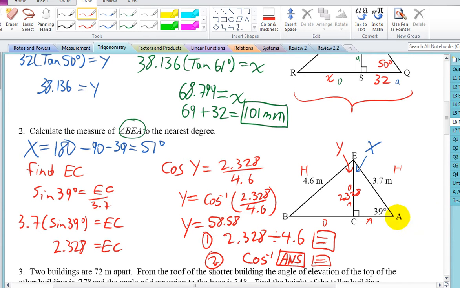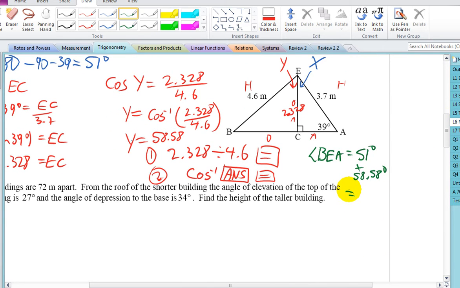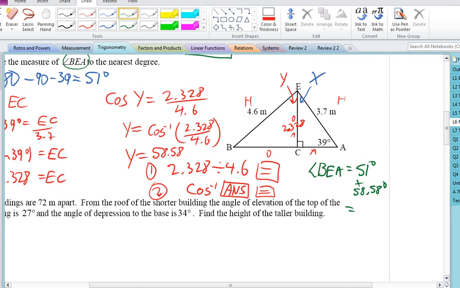Okay, and so now we want to add them up. So we're going to say angle BEA, that's what we're trying to find, BEA equals 51 degrees plus 59.58 degrees. Yes, you should round it, but I don't like rounding until the very, very end. 59.